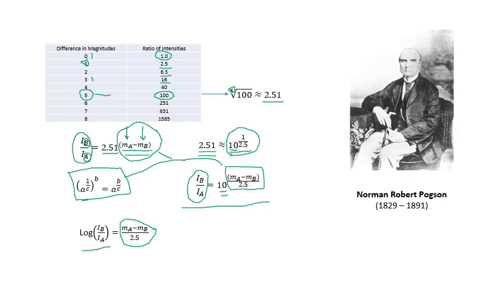Now, of course, there's all sorts of things we can do here because the logarithm of IB over IA could be written in all sorts of different ways. But one of the nice things we could simply do is take this 2.5 and multiply it by both sides. So there it is. This is another way of representing the magnitude scale, and it's a very useful formula because the logarithm allows us to apply other mathematical rules.